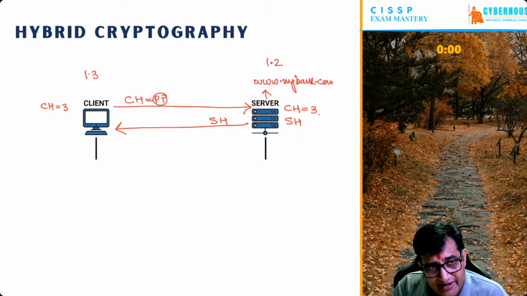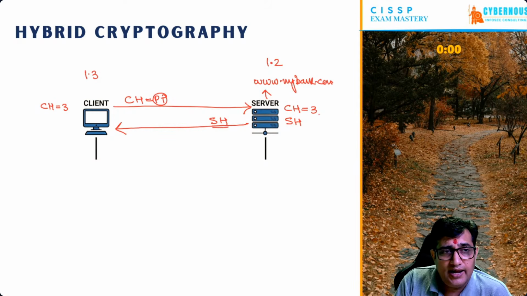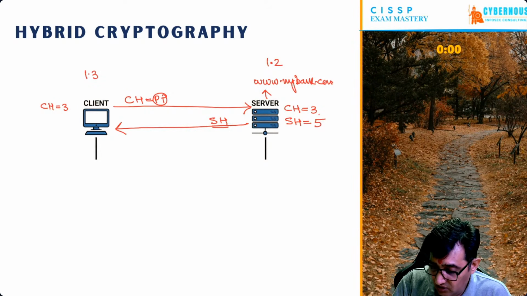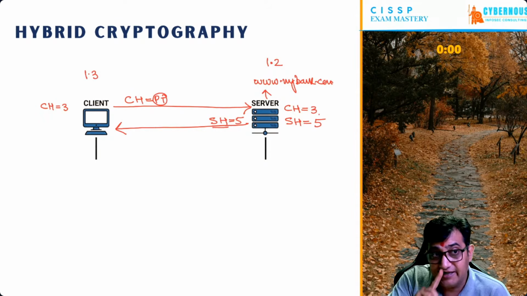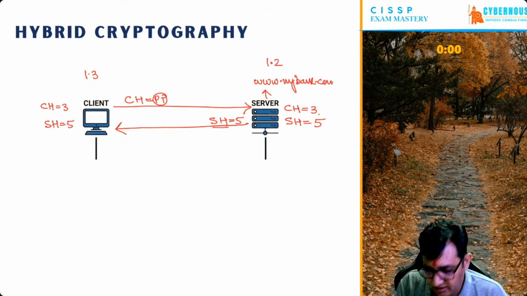So it will agree with that, reply with a server hello, and the agreement is done. Alongside that, it will also send a value, let's say in this case 5. The 5 is transmitted to the other side, and it is plain text, nothing is secret till this point. So this party also gets server hello is equal to 5, right?